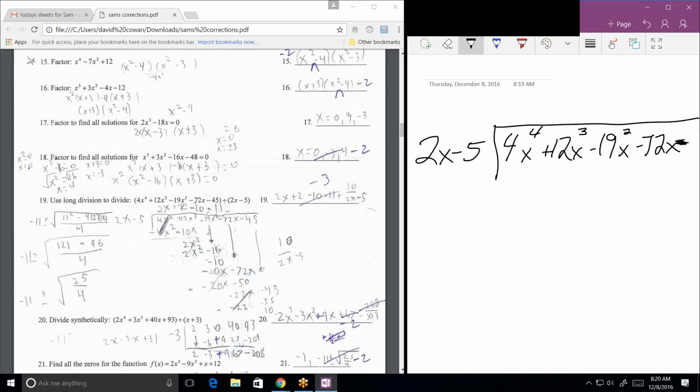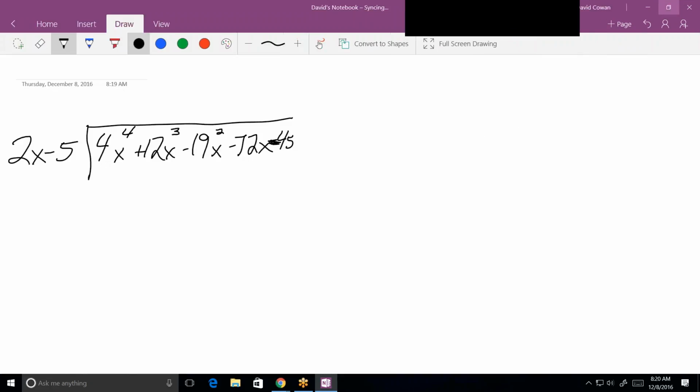Now, I'm not missing any powers of x here. Got an x to the fourth, x to the third, x squared, and an x. If I was missing any of them, I would have to put in a dummy variable. In other words, if I didn't have 19x squared, I would put in a 0x squared. Got to have a spot for every degree of x below 4.